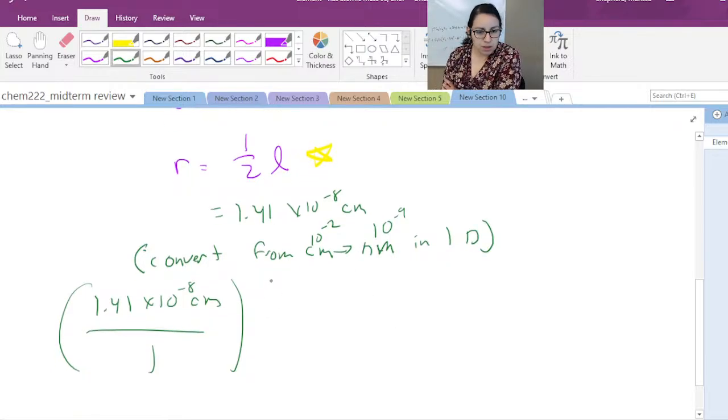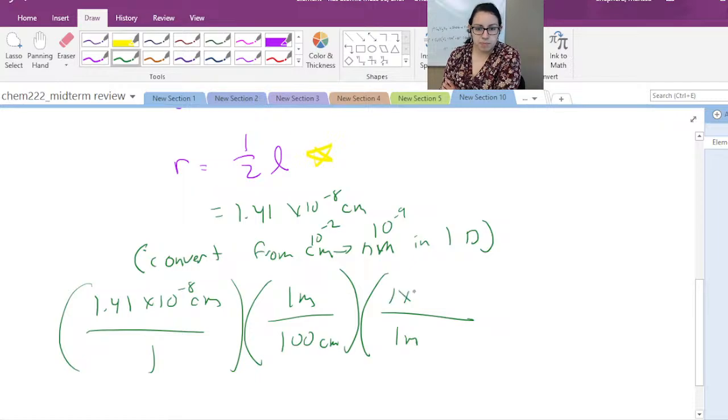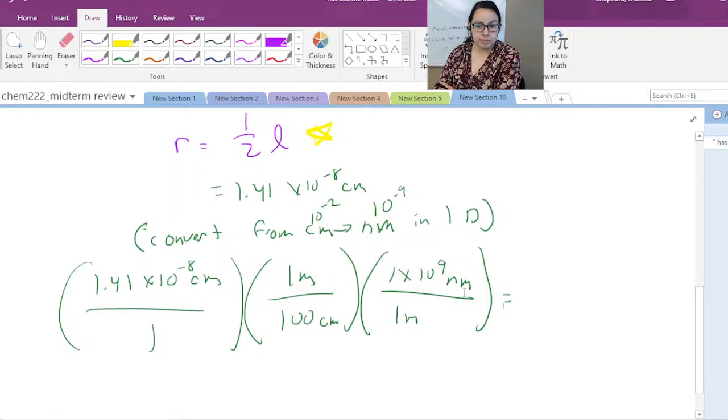I'll go the long way: centimeters to meters first, and then meters to nanometers. That should give me 0.141 nanometers for our radius of X.